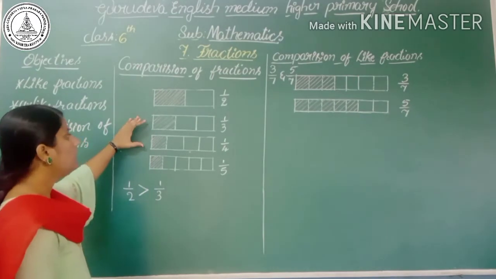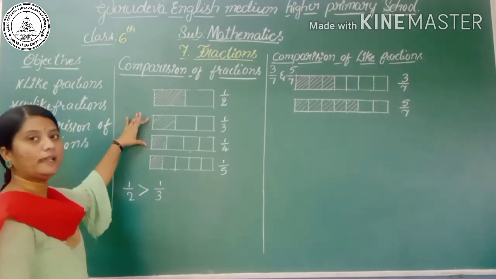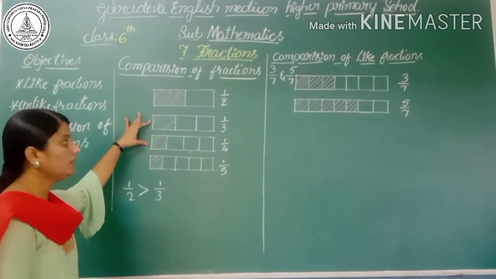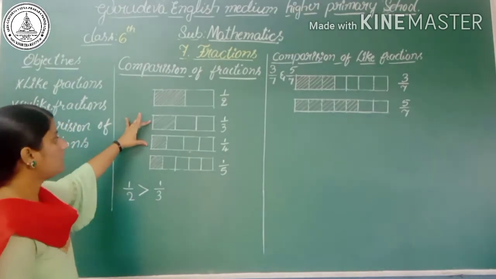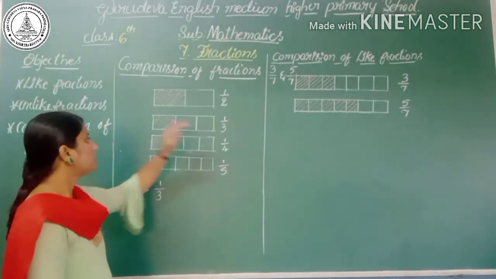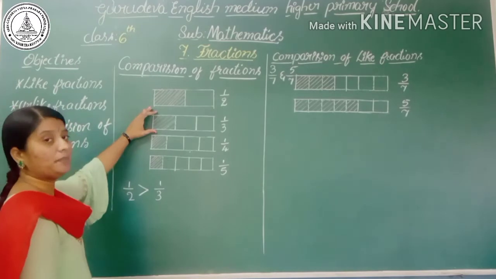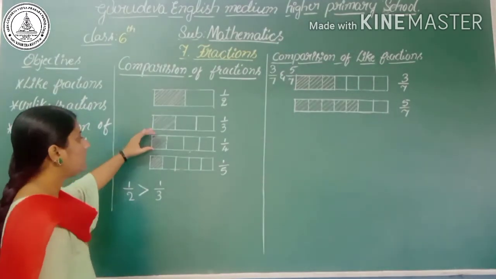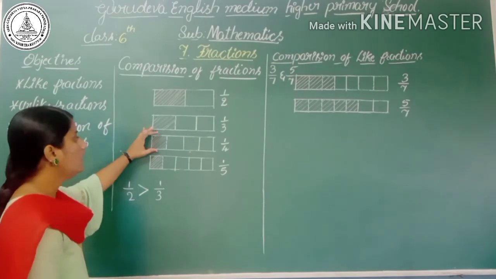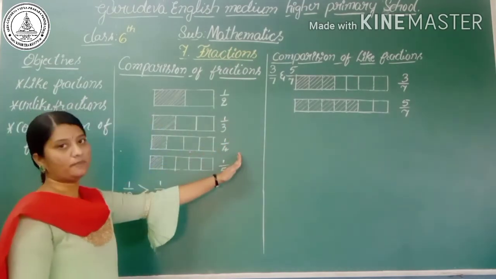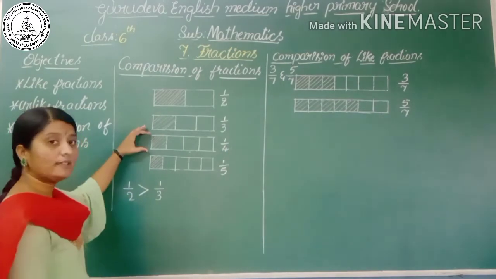Now take 1 by 3 and 1 by 4. In these two fractions, which is greater? Which part has the larger portion? That is 1 by 3. In the three parts, one part is larger. In the four parts, we also shaded one part, but compared to 1 by 3, 1 by 4 is smaller.